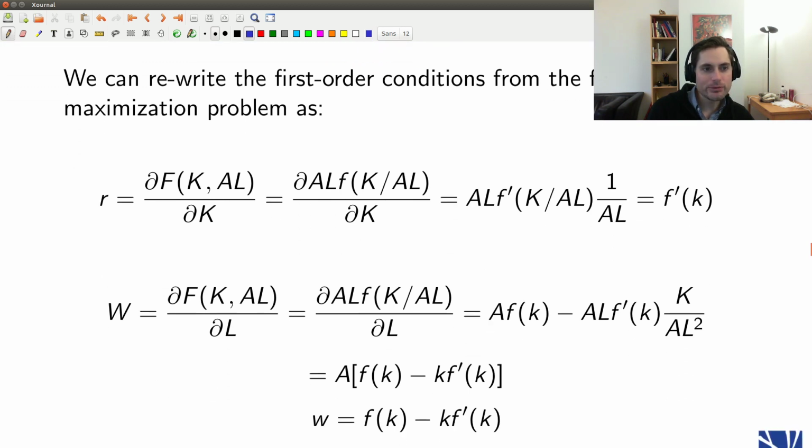All right, let's rewrite this thing in terms of little f rather than big F. So we just said that this is just saying that capital is paid its marginal product.